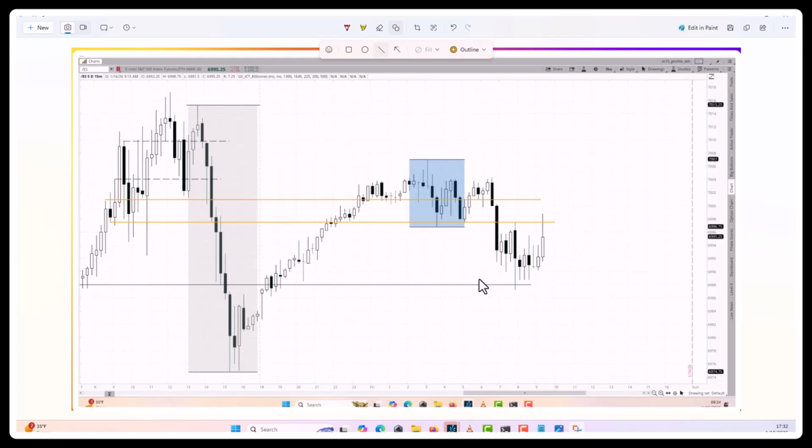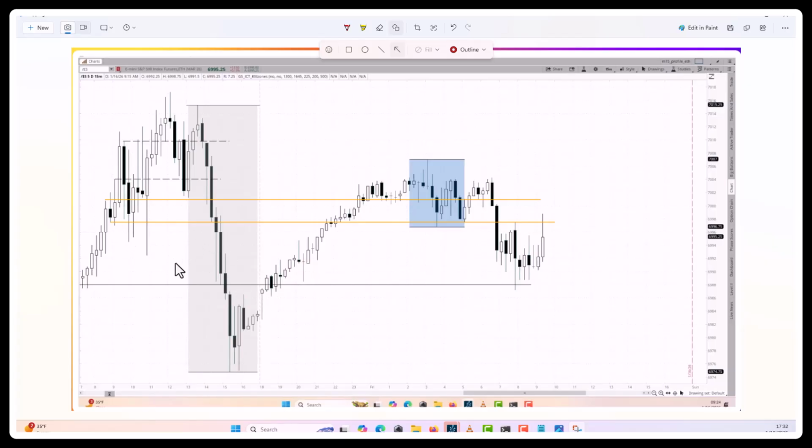Because that's where the buy side imbalance is right there. You see that level? Down 1, 2, and it tests from below. So let's see. It's right above the opening.